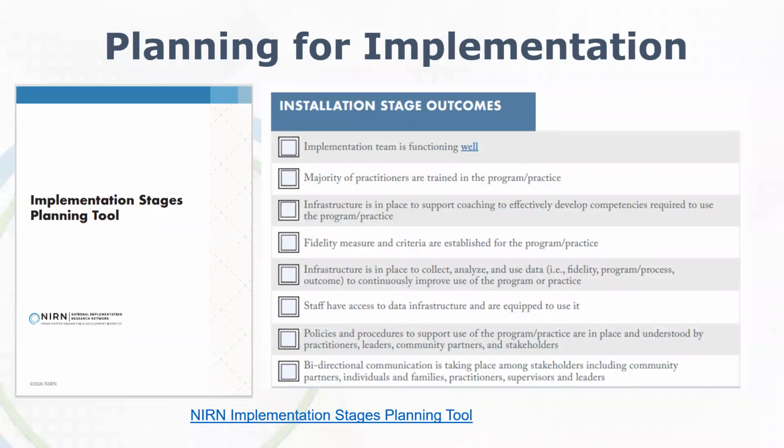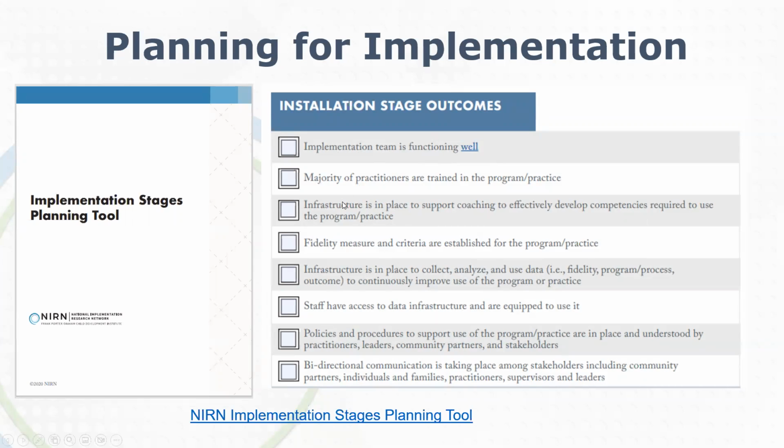So it's very important that you look at planning for implementation. As I said, if your hexagon tool comes back and it has a very low score, you may look at some of these different stages. And this is an example of the next stage above exploration, which is installation. So just some basic things to consider, in the case of, is the team functioning?